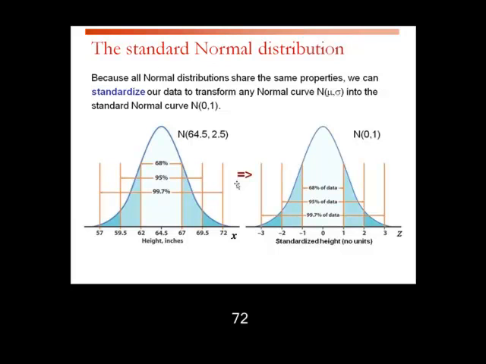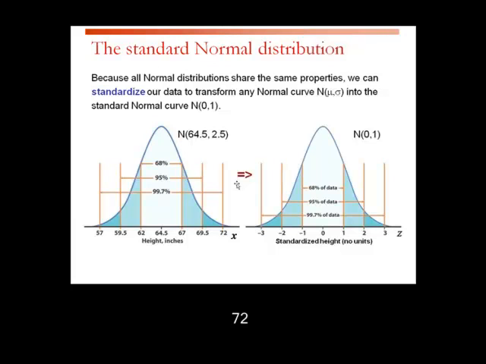So let's take a look at this conversion. On the left hand side is the normal distribution that we looked at. It has a mean of 64.5 and a standard deviation of 2.5. Now think carefully about this, okay?